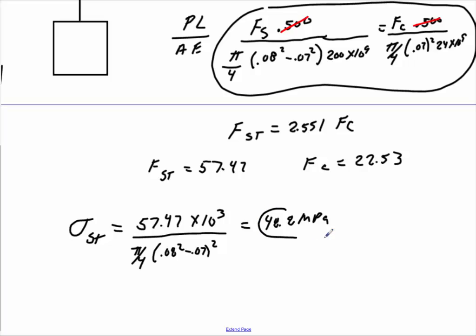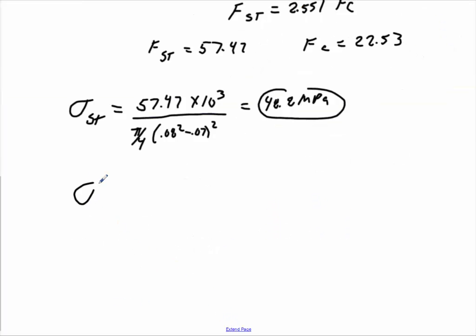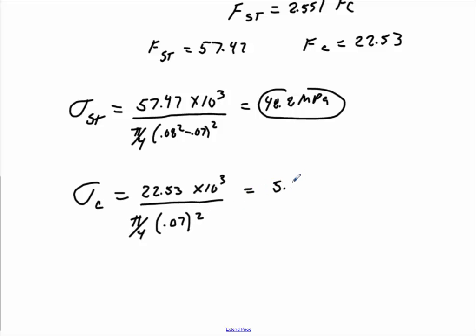It's not a hard problem at all, but it kind of shows what you do know. And then the concrete, you come back to here, 22.53 times 10 to the third, and then pi over 4 times 0.07 squared, and that'll give you 5.85 megapascals.